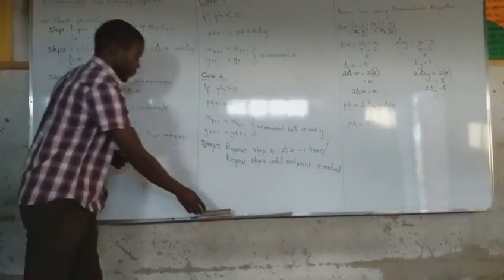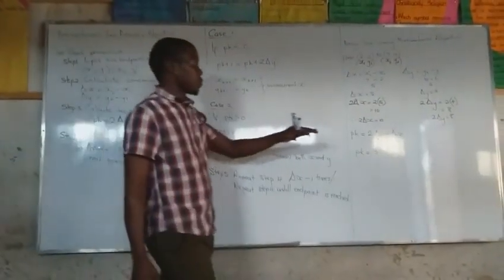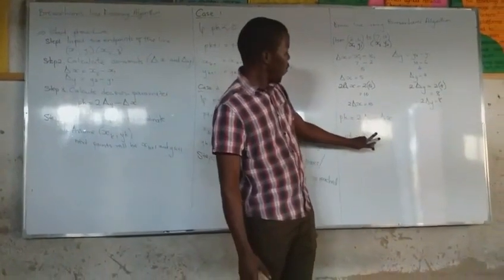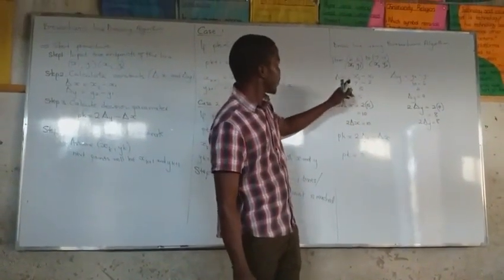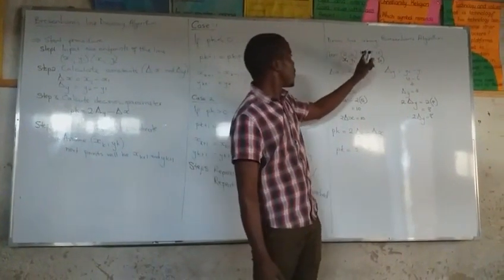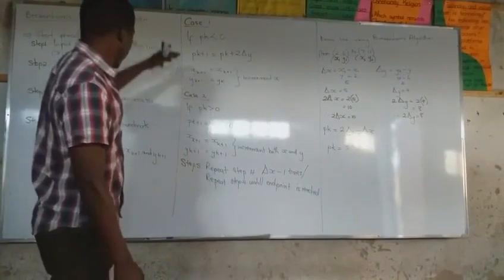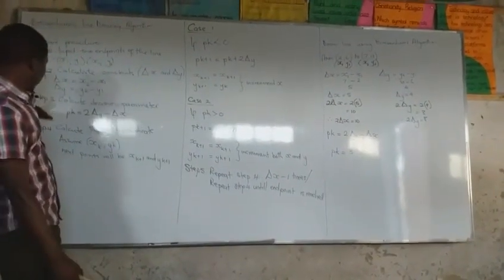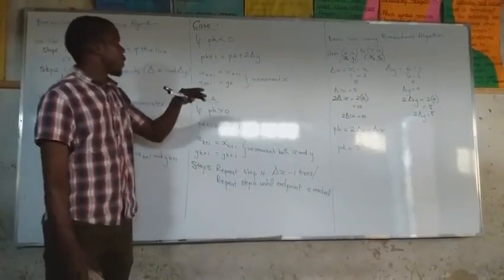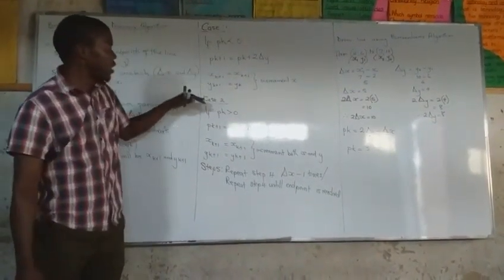Right. So we want to calculate the next value of x and the next value of y. So from step number 4, we said we test the decision parameter using the test cases, that is case 1 and case 2.